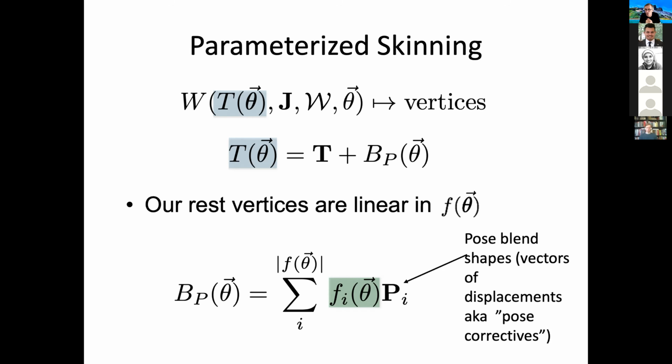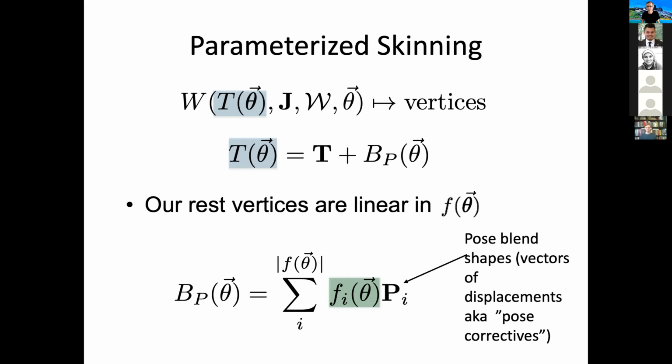It's going to be a linear combination of these pose correctives, and we need some function of the poses that will combine these. People have tried various things. There's radial basis functions, all sorts of stuff.